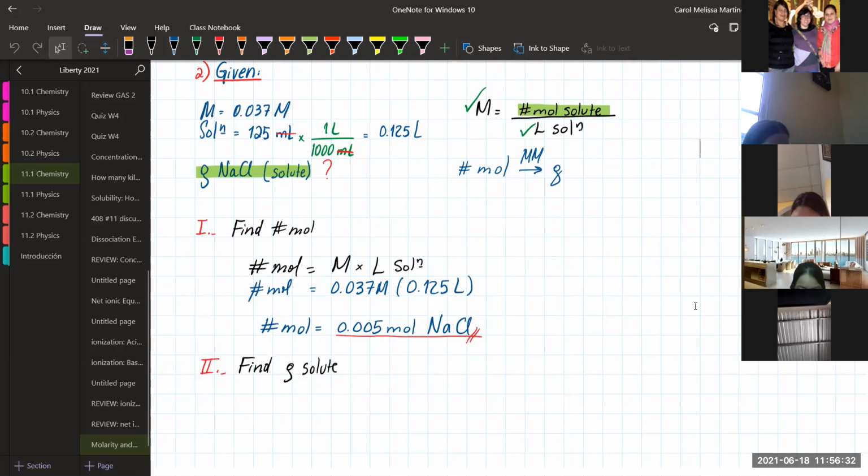So the substance is NaCl, okay? So we have one sodium and one chlorine. One sodium is 1 times the molar mass in the periodic table, that is 22.989 grams.